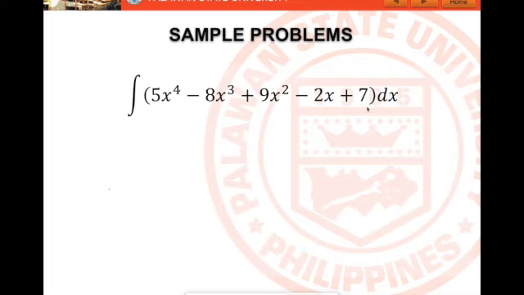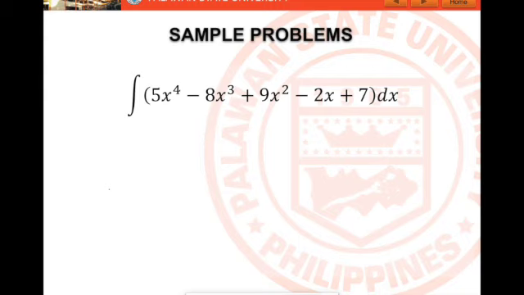So we learned some theorems before, and we should be applying those theorems to evaluate this integral. If you can also solve this, and if you have a pen and paper there, just check if you will also arrive with the correct answer.